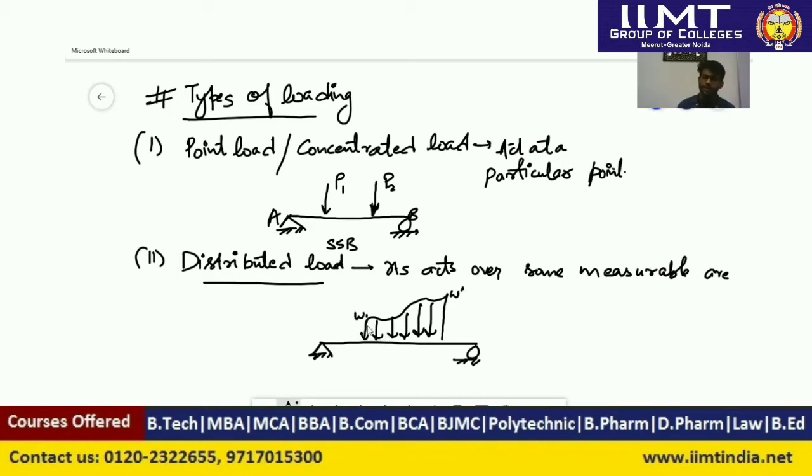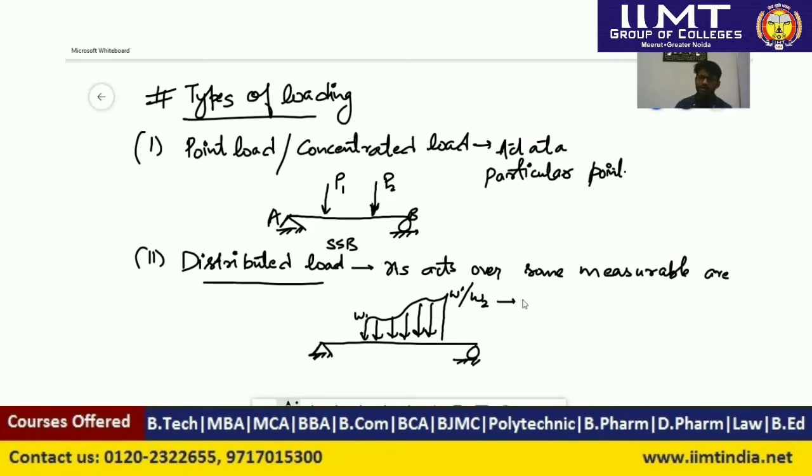The load is distributed over some measurable area and it is non-uniform. Its intensity at one end is W1 and at the other end is W dash, or we can say W2, whatever; in any form we can represent it. So the load at one point is W1 and at the other point is W2.